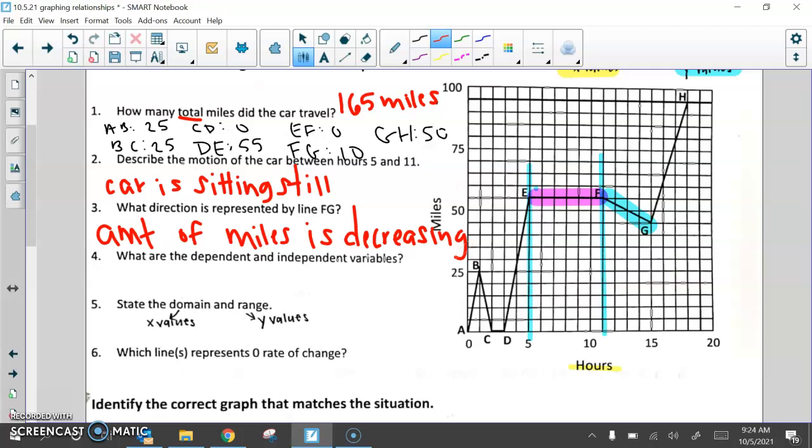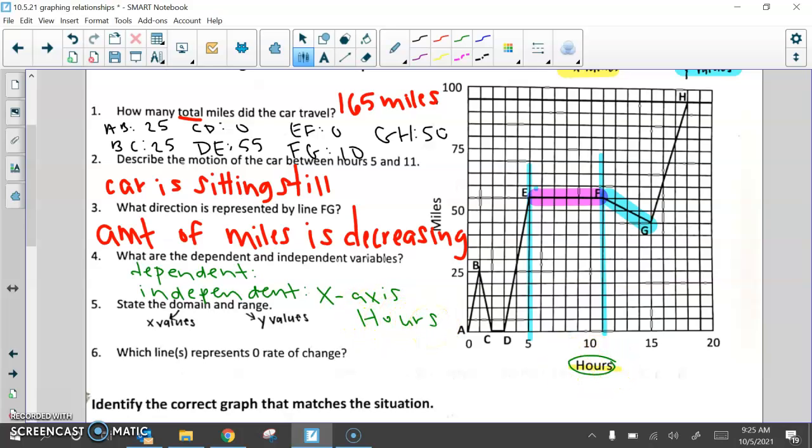Okay, what are the dependent and independent variables? So the independent is the x-axis, and in this case, that's hours.